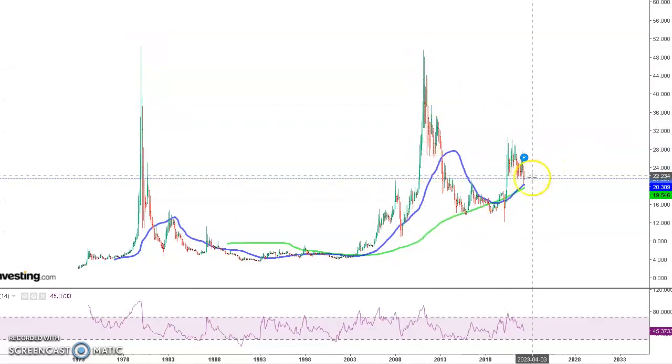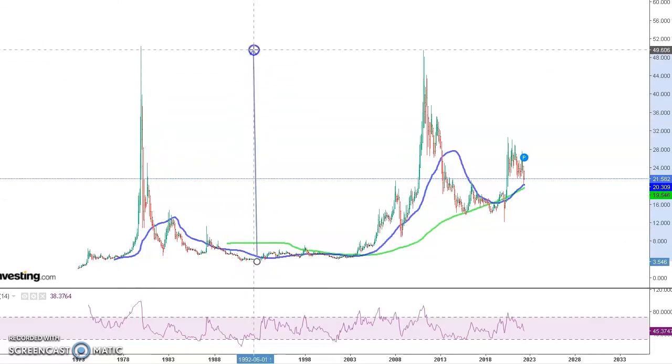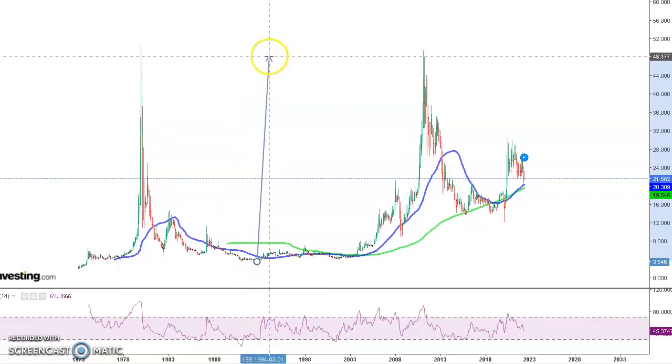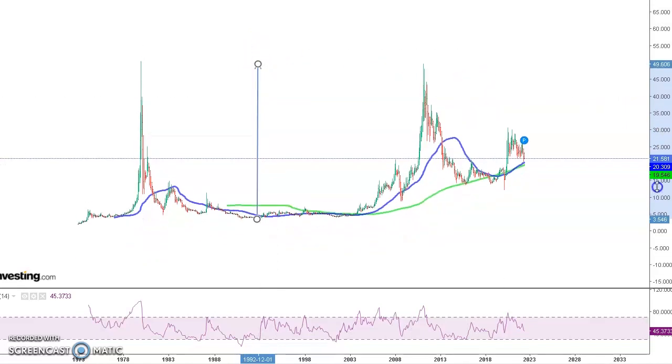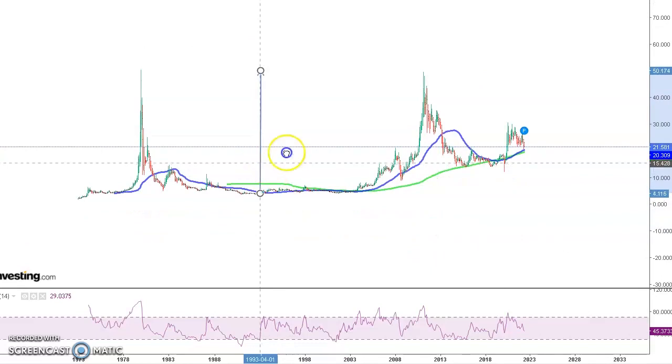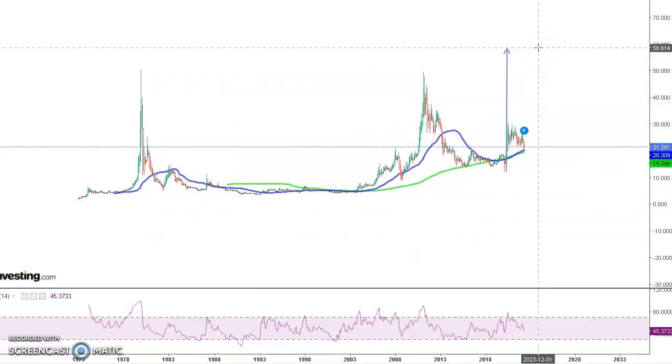Basically, the measurement of the cup, using my crude measuring tool, just an arrow rising up to the top there, we basically add that to the handle. And you can see that, without even thinking about it, silver is going to go to like 60 bucks, okay? But nobody wants 60 bucks.